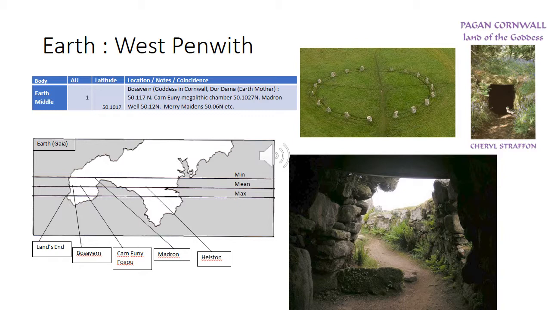You can see there's a book there by Cheryl Straffon, Pagan Cornwall, Land of the Goddess, something you can look into online, and various cyclopean and megalithic sites there, which we can see as being linked to this earthy tradition.